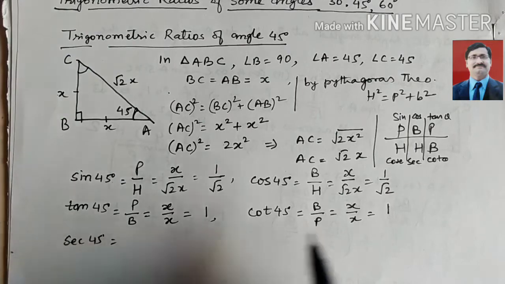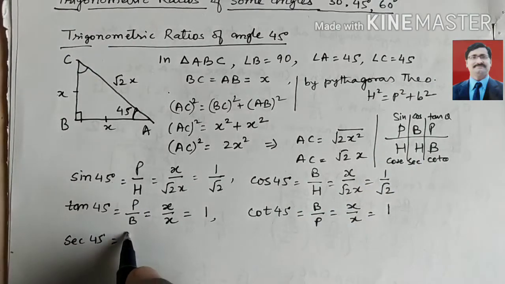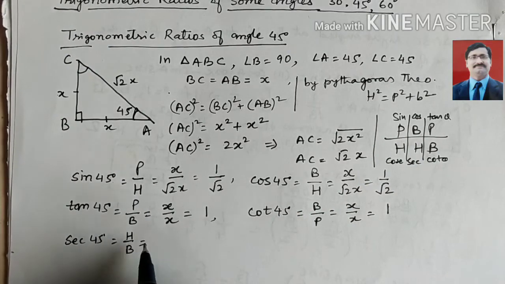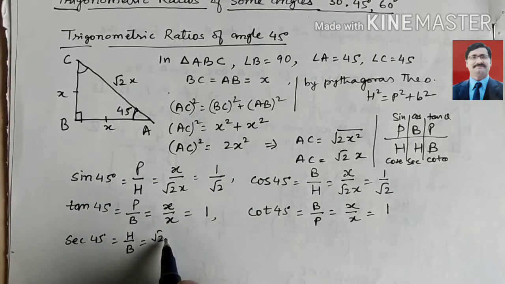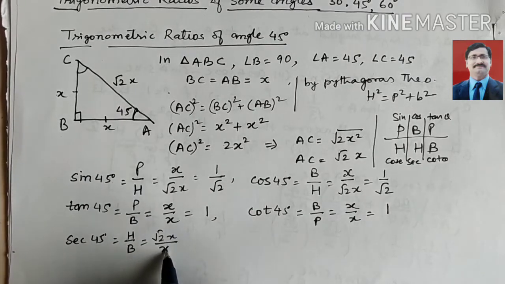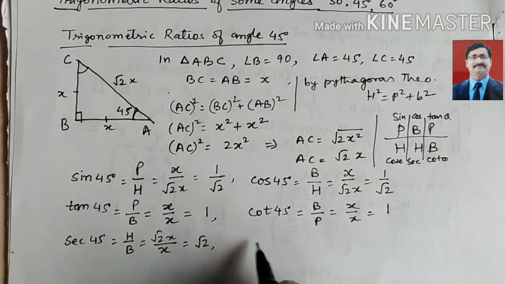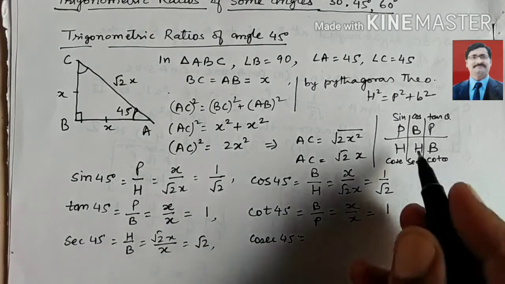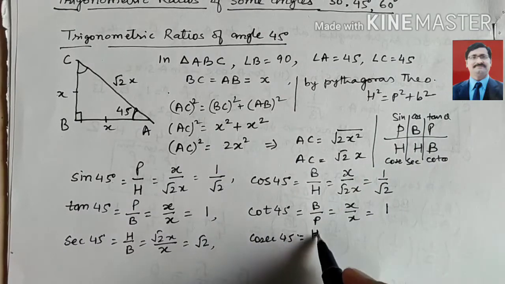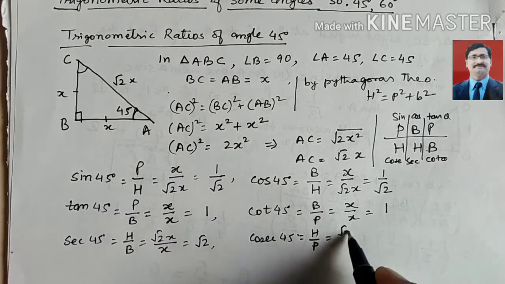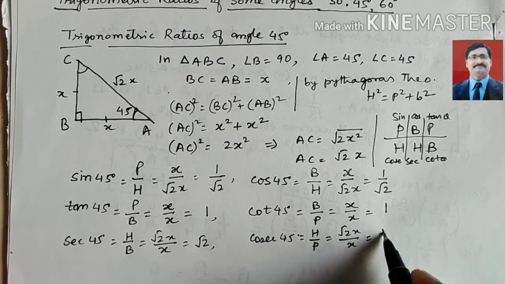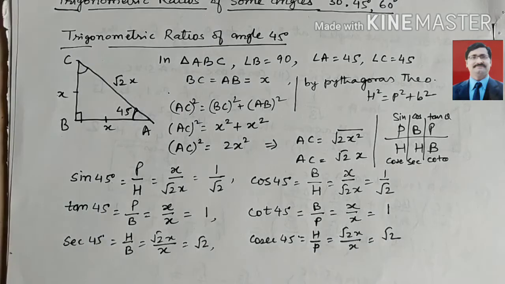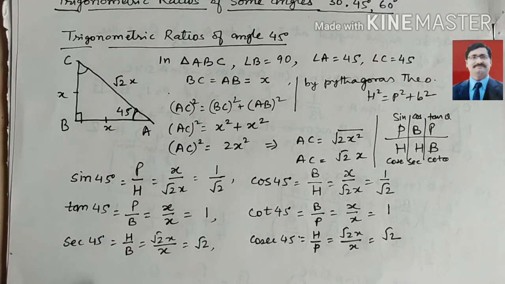We will find sec 45, which is hypotenuse upon base. Hypotenuse is root 2 X and base is X, so you get root 2. Then cosec 45 means hypotenuse upon perpendicular. Hypotenuse is root 2 X and perpendicular is X, so you get root 2. Look here, you get all these values.